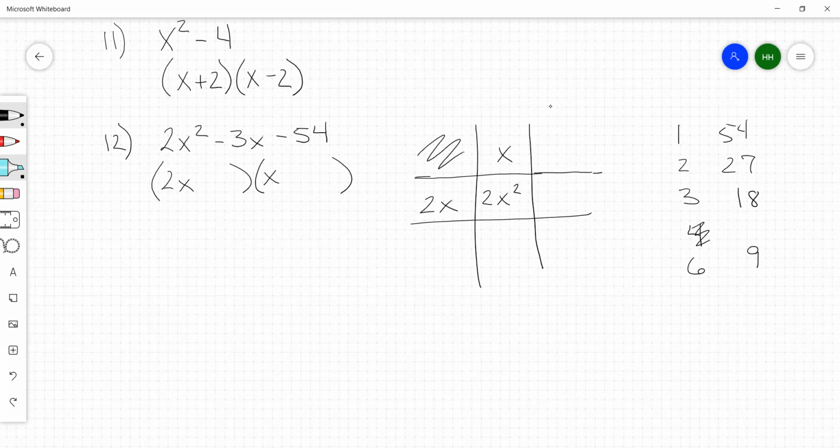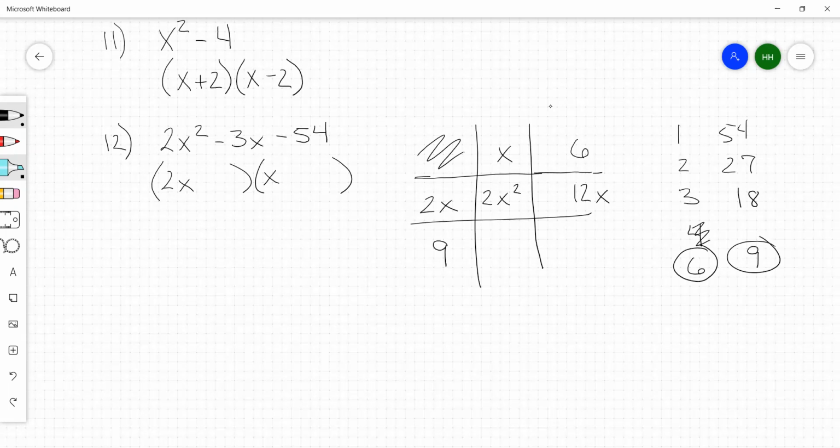So I need a negative 3 in the middle, and I got them multiplied at 54. 9, 18, and 6. If I go 6 is 12, and 9, that gets me 3. So if I go up here in the upper right, if I go 6, then 6 times 2x is 12x. If I use this 6, I got to use the 9.